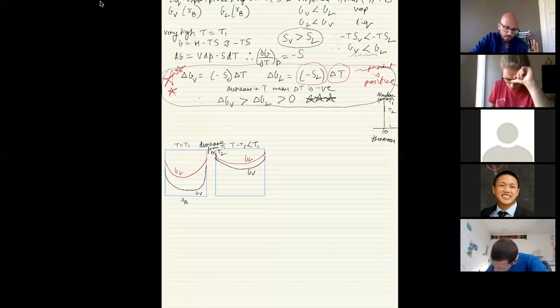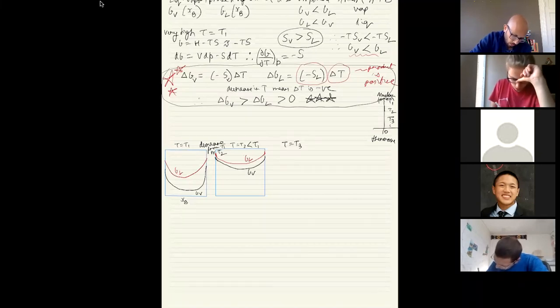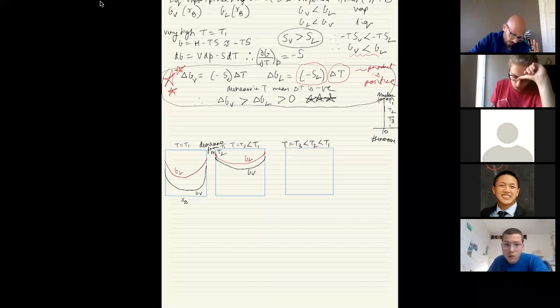Now we go to a third temperature, T3. We go to T is equal to T3, which is smaller than T2 and smaller than T1. So we decrease the temperature even further. What's this going to look like? If you do this even further, you can again draw this. Now, what's going to happen is that G liquid will continue to move.